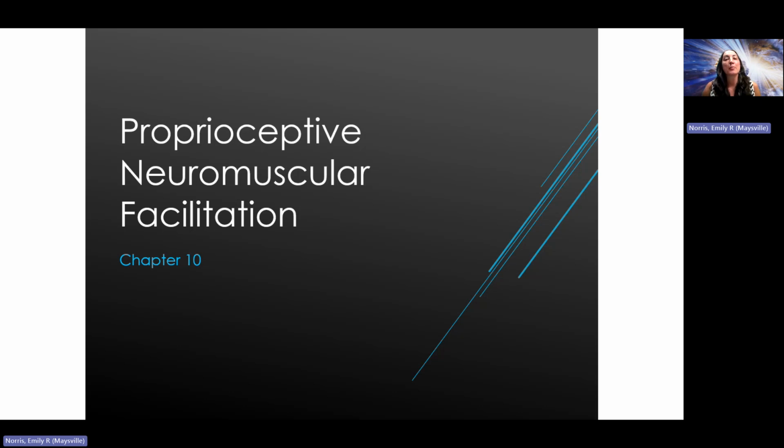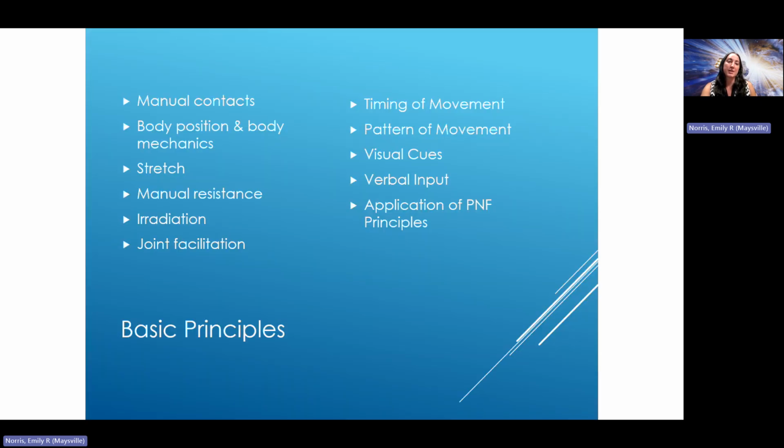Today we're going to talk about proprioceptive neuromuscular facilitation, PNF for short. So here are some of the basic principles that come into play. A lot of this I'll just mention, go through what the patterns are and what the techniques are, and then we'll do a lot of how do you position your body? Where do you place your hands?